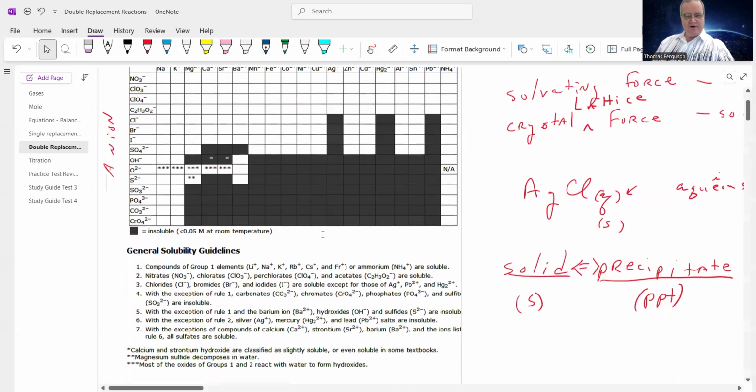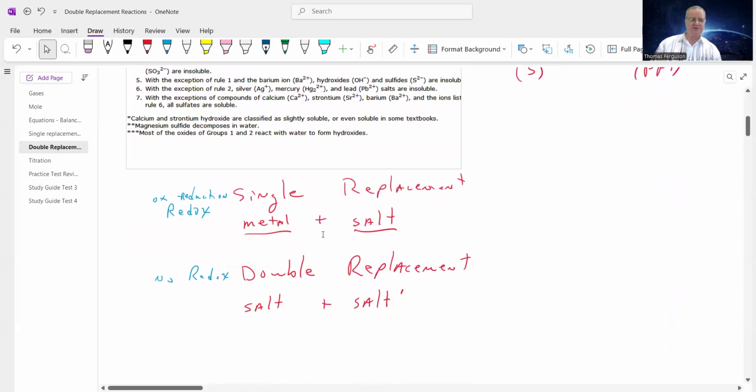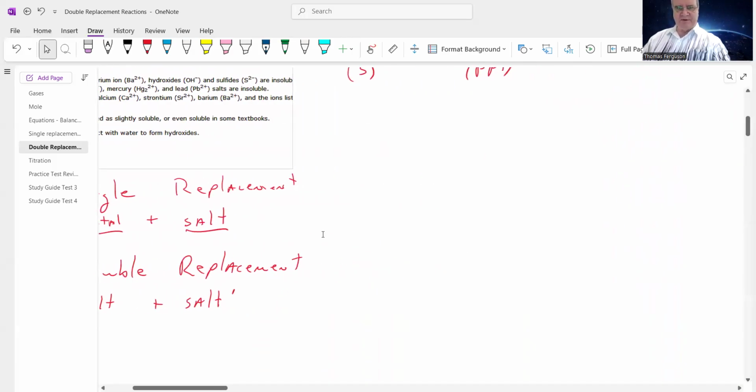Basically, let's talk about the difference between these two reactions. What we did yesterday was called single replacement, and it involved a metal and a salt, like silver metal and zinc +2. Okay, today we're just doing salts, just salts. And this is the concept of what we're going to be doing.